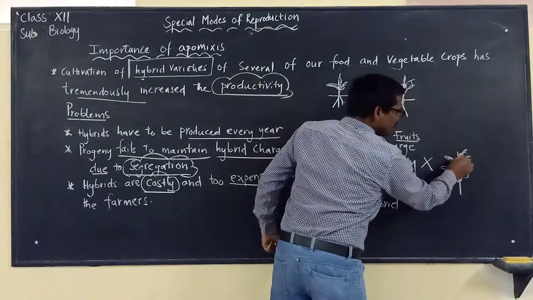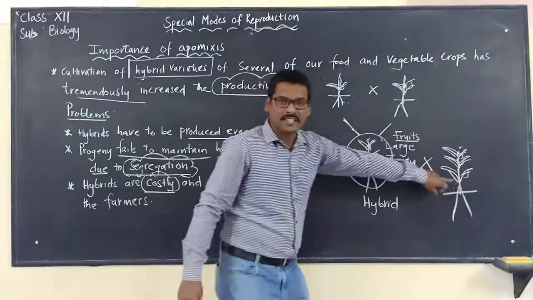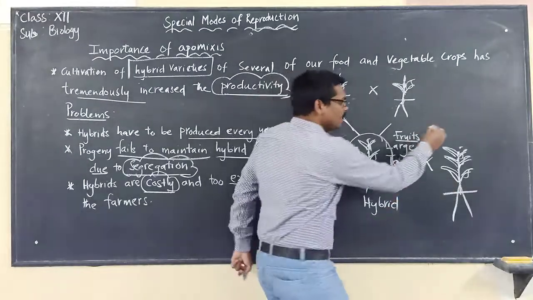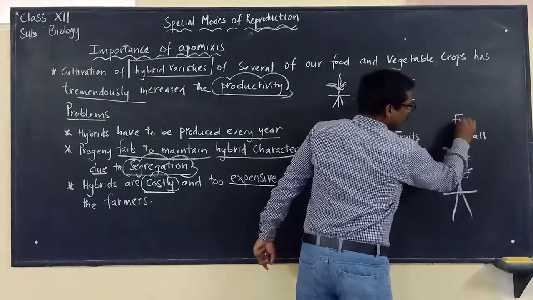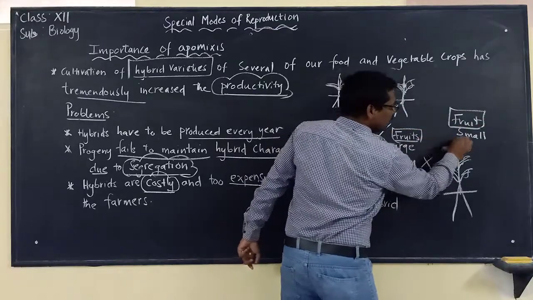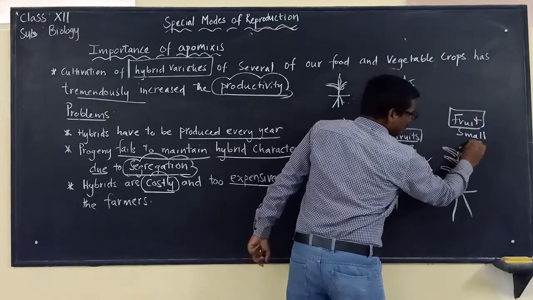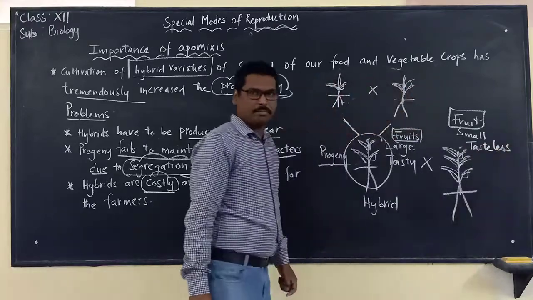Okay, when we take this plant, let us say this plant is bearing small fruit. We are talking about the characteristic of fruits, small and tasteless fruit. Tasteless fruit it is bearing, for example.